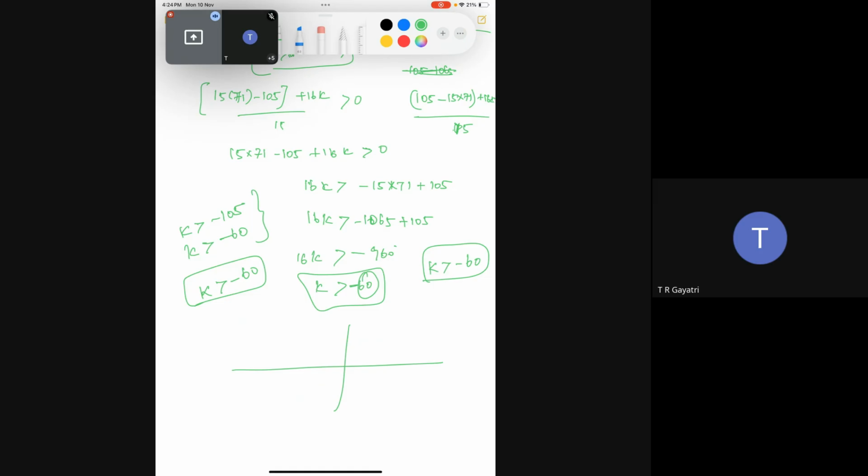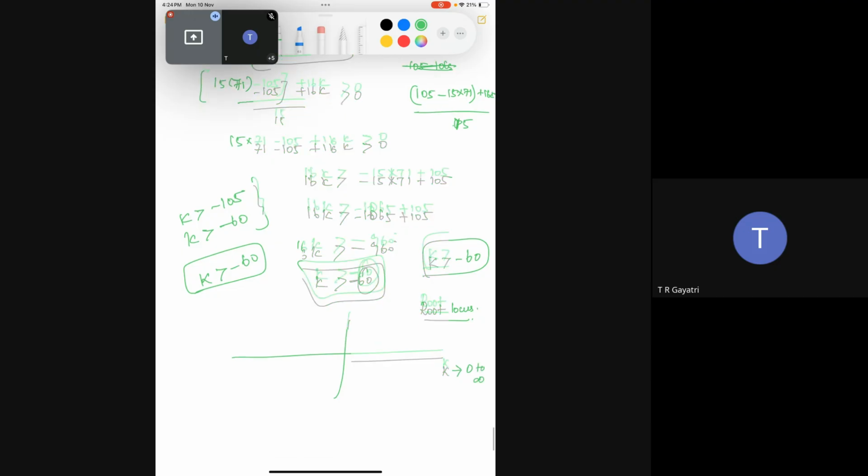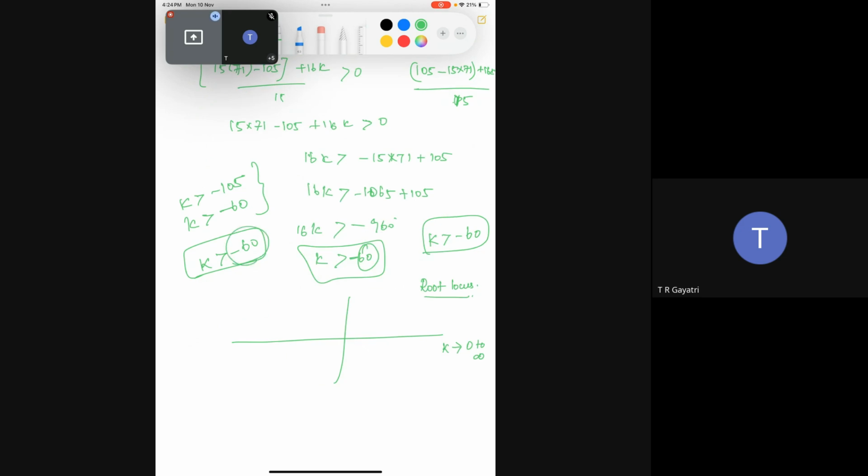The question is about root locus. It's not like common stability. It's under the root locus question, so you are supposed to solve using root locus. In root locus, you draw a diagram by varying k from 0 to infinity. So the minimum value is minus 60. It doesn't bother us when you change k from 0 to infinity, right? So it will be stable for all values, because the minimum criterion is k equal to minus 60 from Routh.